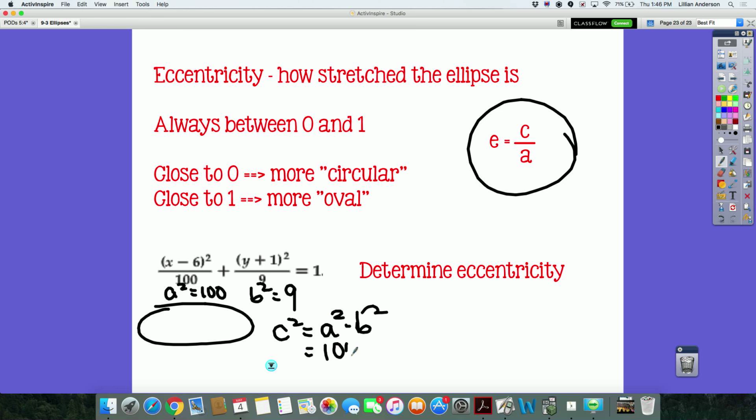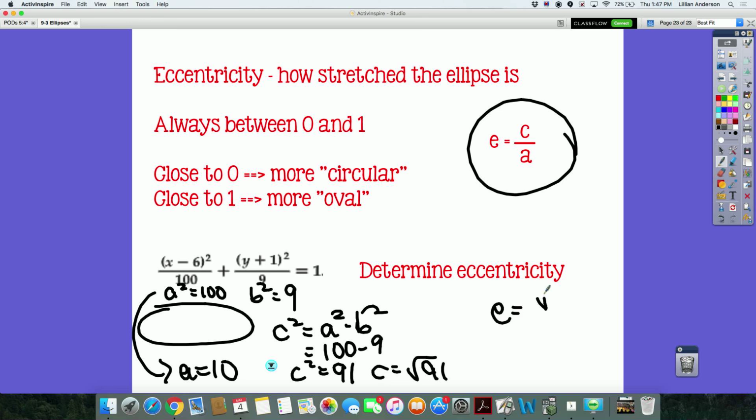That's 100 minus 9. c squared is 91. So then c is the square root of 91. The value of a is going to be the square root of 100, which is 10. So our eccentricity is going to be the square root of 91 divided by 10. And whatever that decimal is in your calculator, that is going to be your eccentricity.